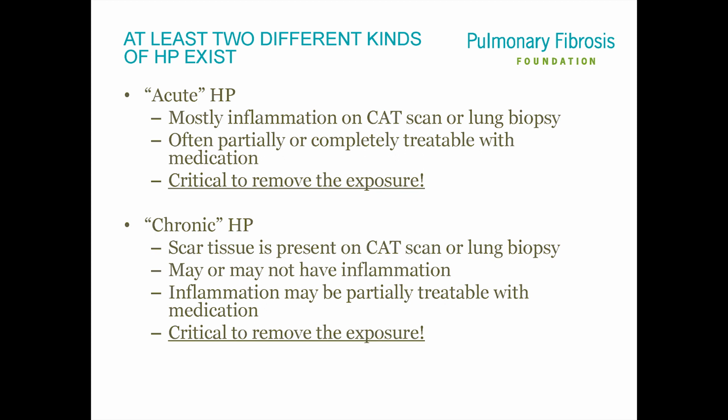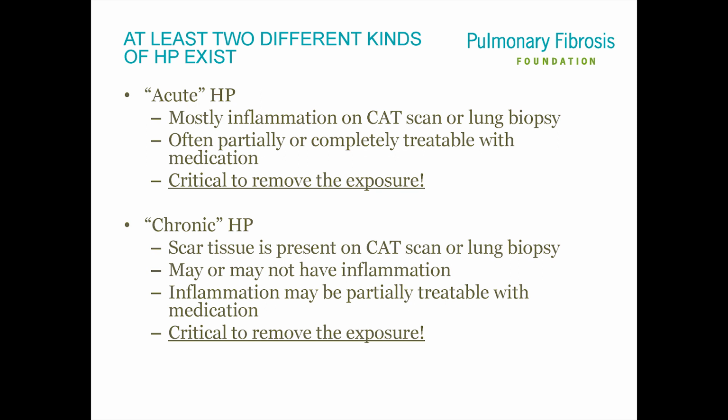And the good news is that often it is partially, or in some cases, completely treatable with medications. I'll mention one of those later, but they're usually medications that weaken the immune system, like prednisone or other steroids. I've underlined that it is critical to remove the exposure. If it's mold or birds or whatever it turns out to be, if you have HP, whether acute or chronic, you should completely avoid those exposures in the future.